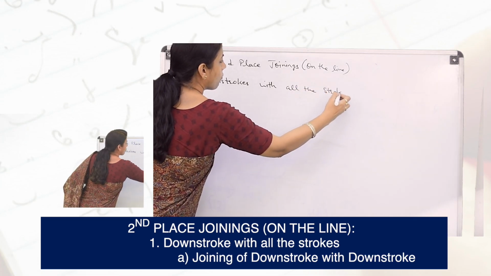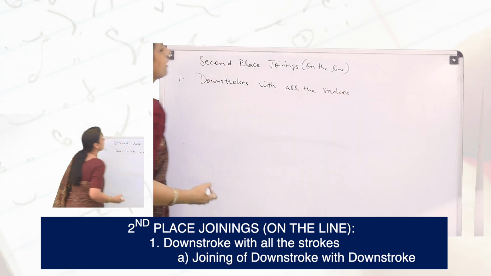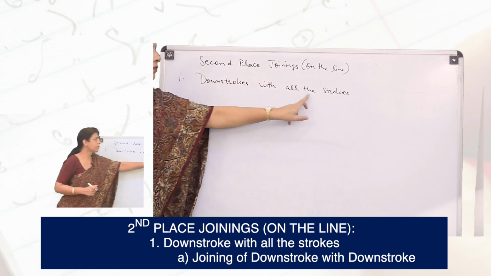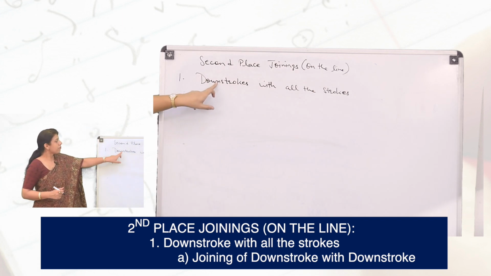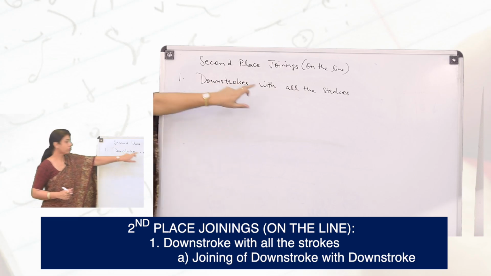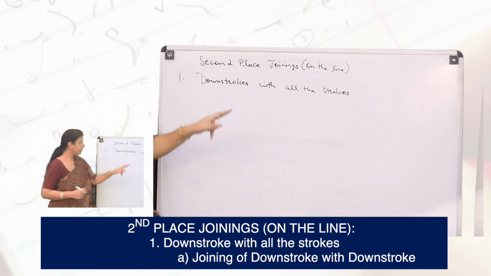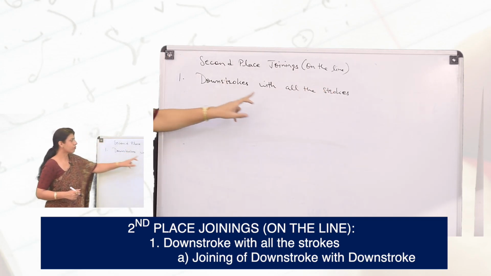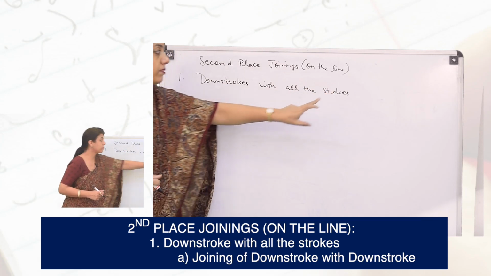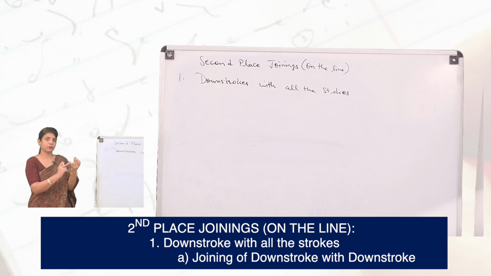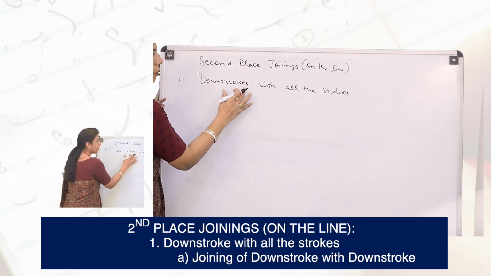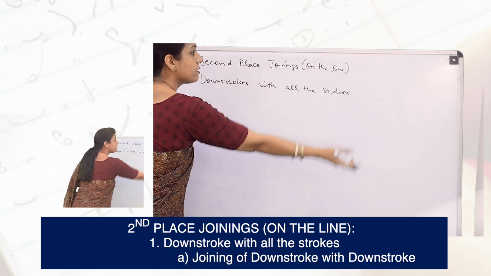What I mean by this is that all downstrokes are joined with all the strokes: downstrokes with downstrokes, downstrokes with horizontals, downstrokes with upstrokes. Basically we have three types of strokes: downward, upward, horizontal. So right now we are joining all the downstrokes with all the strokes.